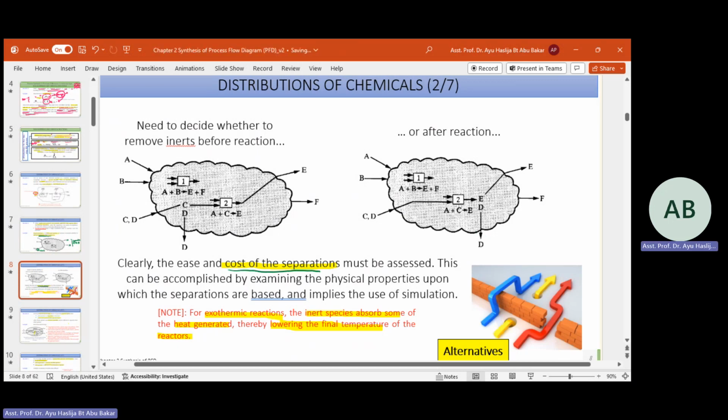So you must assess the cost before and after. Which one is more feasible? This also can be accomplished by examining the physical properties upon which separations are based. And you can use simulation.